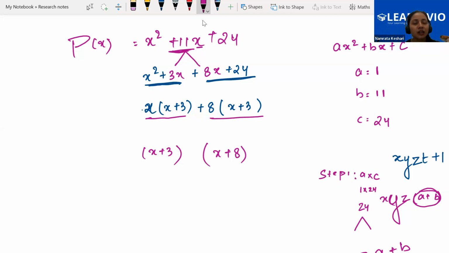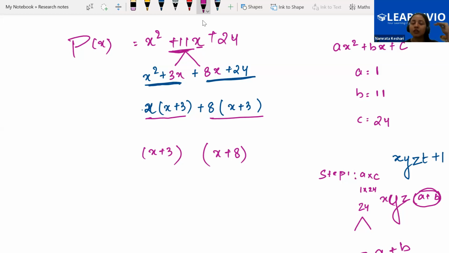Those two or three possibilities we are writing, and then we have to check by adding those two numbers, or maybe by subtracting those two numbers. We must generate the middle term. If we are able to find the possibility, we will write it over here and arrange it properly according to the sign of the middle term, and then we are done.